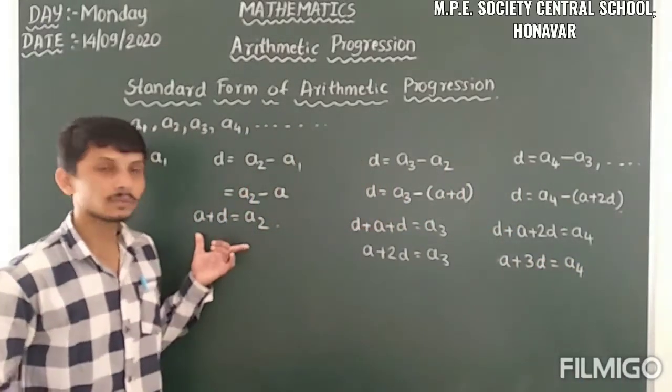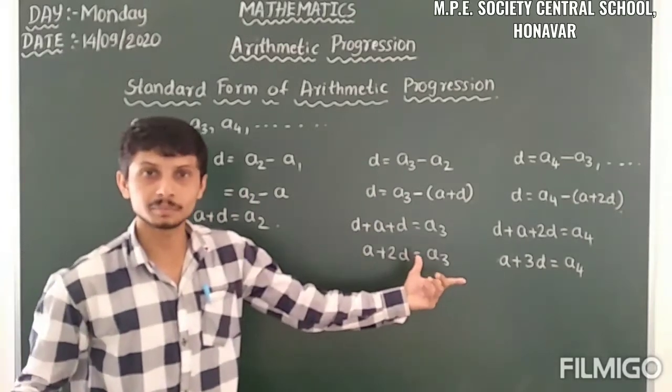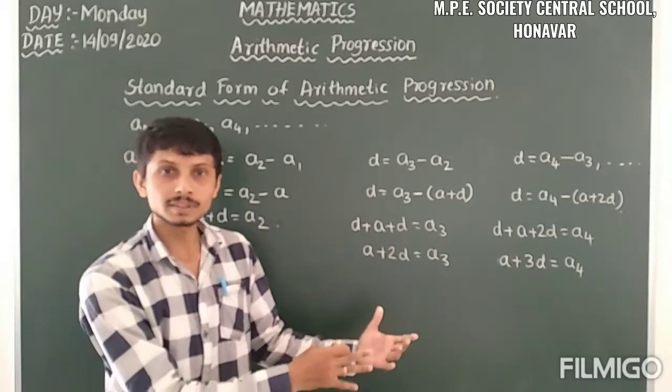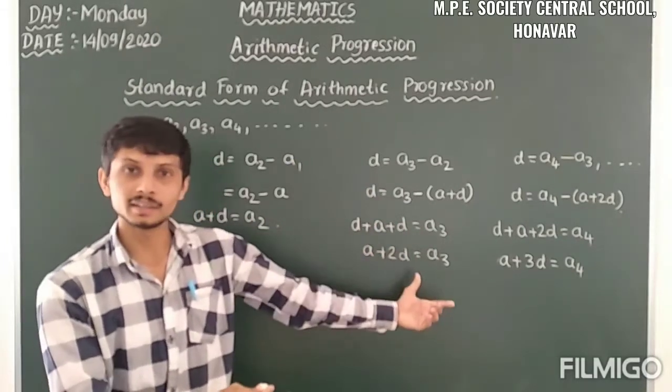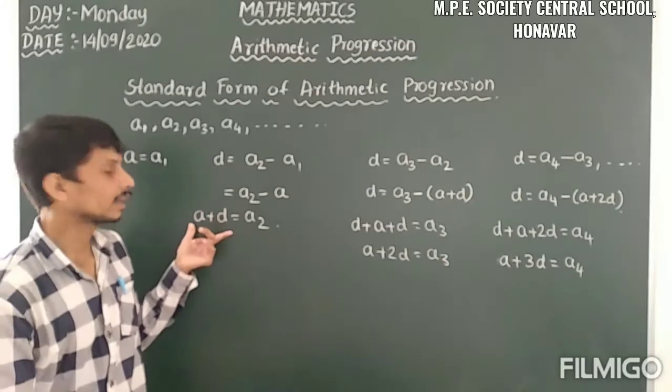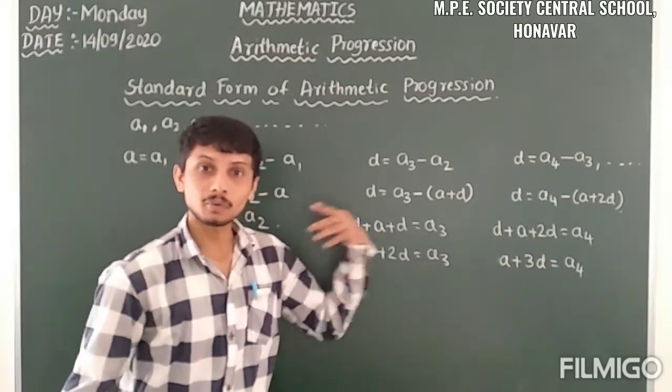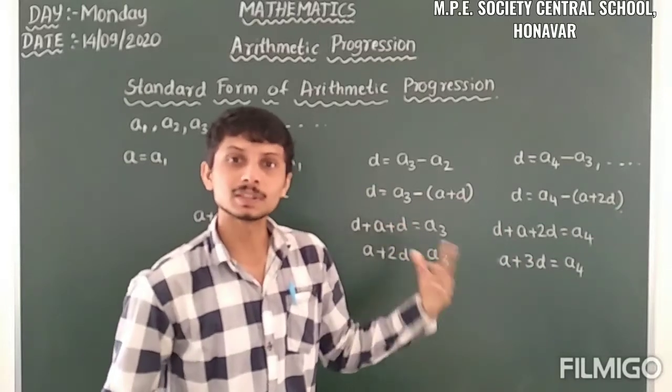So here we got one uniqueness. That means all the terms are in terms of A and D. Here A plus D, here A plus 2D, here A plus 3D. Likewise it continues, A plus 4D, A plus 5D.